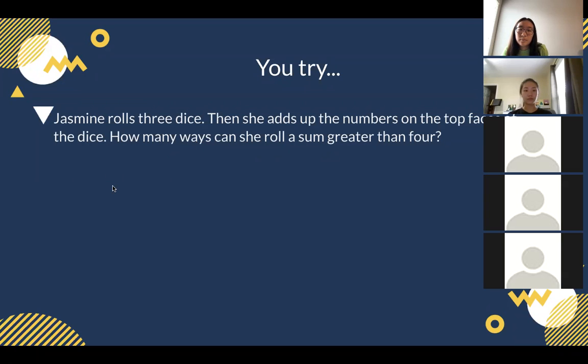It's asking for a sum greater than 4. So 4 is not greater than 4, remember. So you can think about the amount of ways. 112 is another possible way, right? She wants to roll a sum greater than 4.